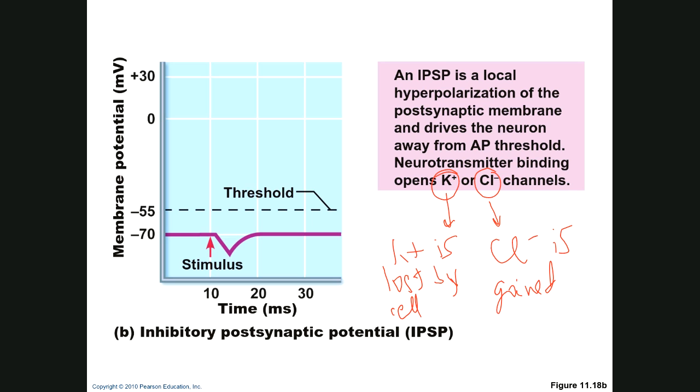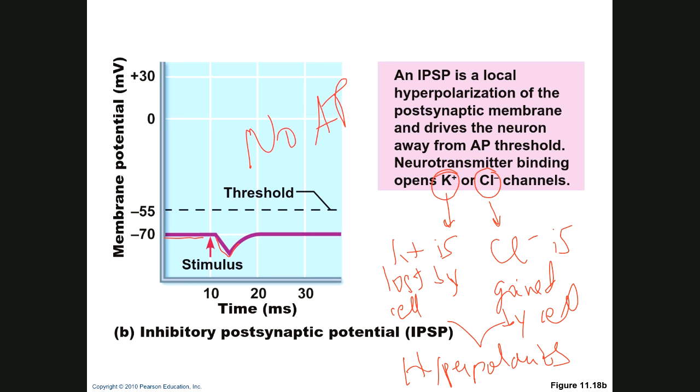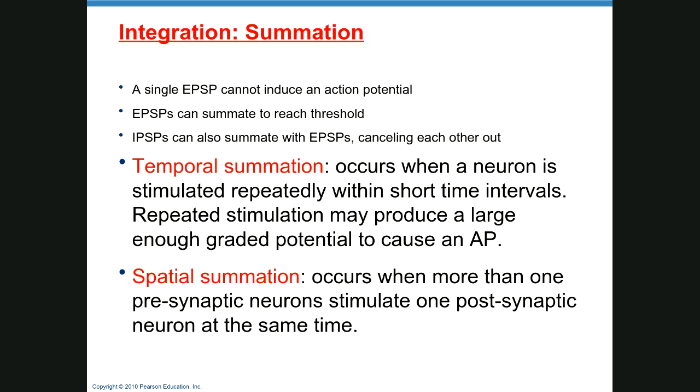Either way, the result is the same. The cell hyperpolarizes, becomes more negative. So instead of going towards threshold, now it's moving away from threshold. There will be no action potential possible. In these instances, the cell is inhibited. That's why it's called an inhibitory postsynaptic potential.